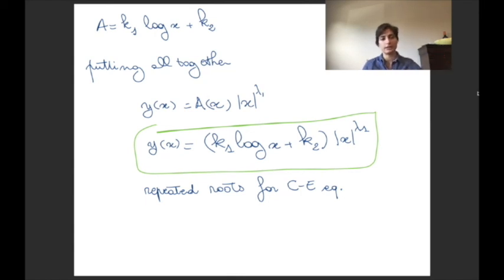Now that we have a, we can plug it in our definition of y, and we retrieve the full solution for repeated roots of the Cauchy Euler equation: the product of x to the power lambda times the logarithm of x plus a constant.